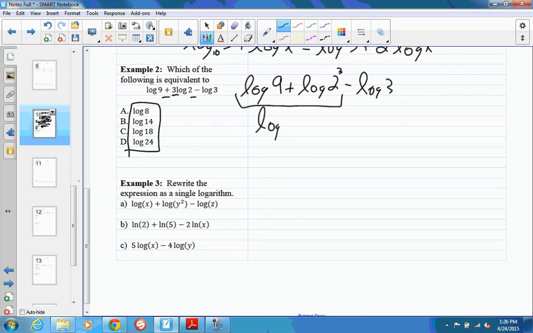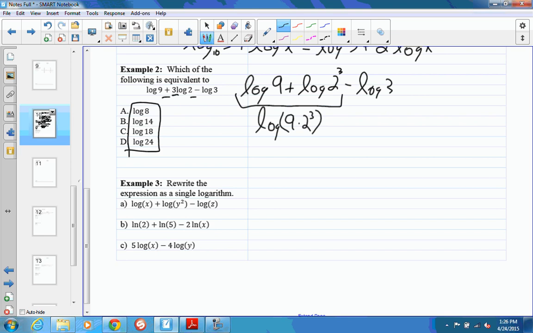Anytime I'm adding logs like this, Brent, I'm going to multiply. So 9 times 2 cubed. You got that on your notes? If I've got 2 logs that are being added, I can take those different numbers and just multiply them.